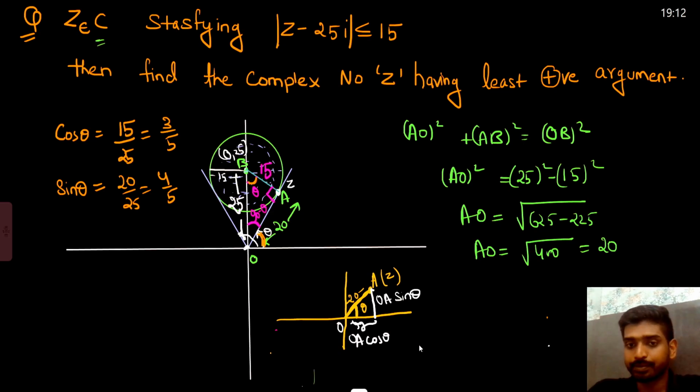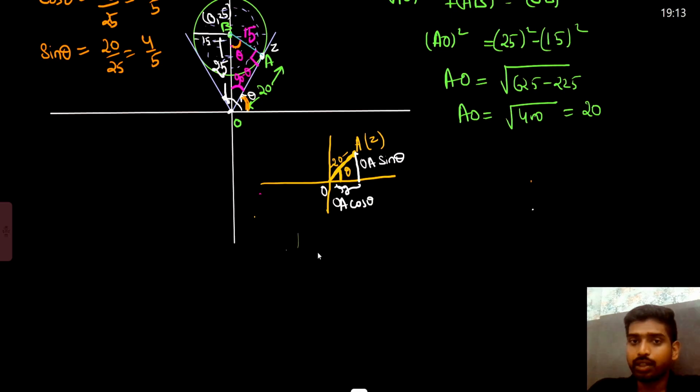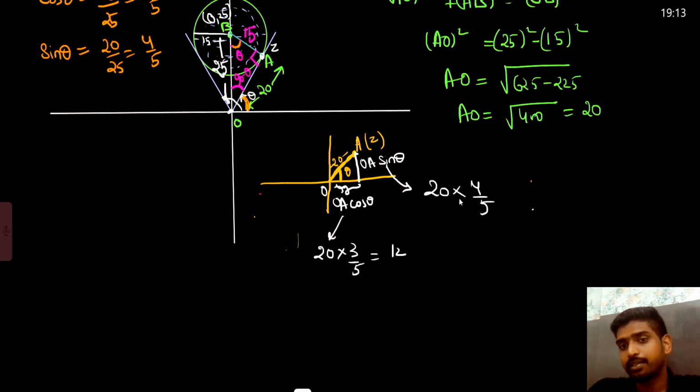So now next, what is OA cos theta? OA is 20, cos theta is 3 upon 5, so this will be equal to 12. What is OA sin theta? OA sin theta will be equal to 20 multiplied by 4 by 5. This is 16.